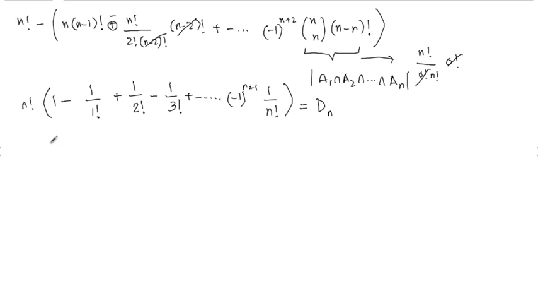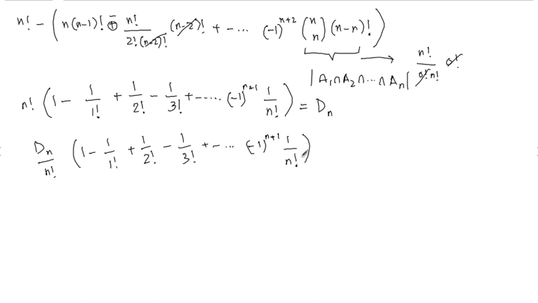Okay, so in other words, Dn equals n! times (1 minus 1 over 1! plus 1 over 2! minus 1 over 3! and plus minus (-1)^(n+1) 1 over n!). Okay, so this is Dn over n!.